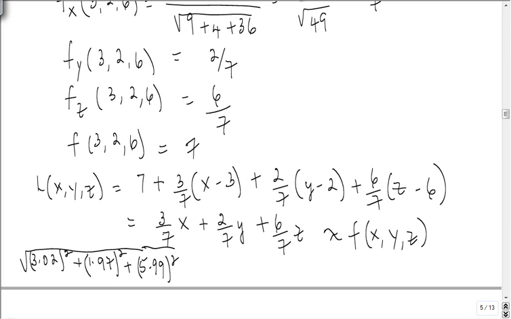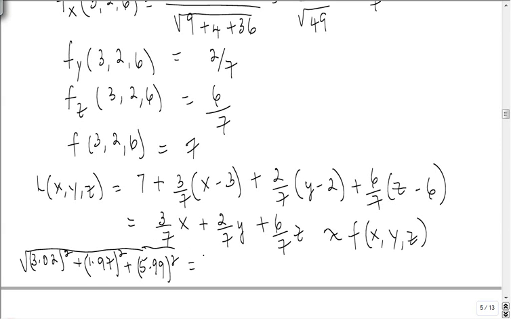So if you notice, that is just like the function, right? But instead of using the actual function, we can use a linear approximation and just take these numbers for x, y, and z and plug them into the linear approximation formula. And why can we do that? Because 3.02 is near 3, 1.97 is near 2, 5.99 is near 6.